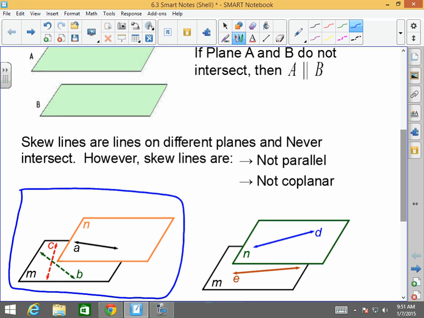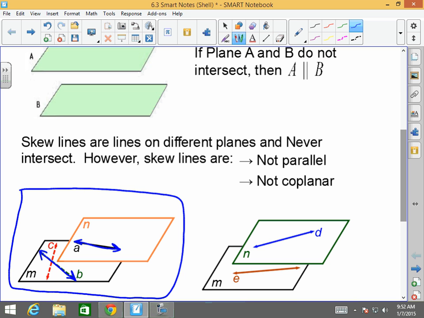So just because line A and line B do not intersect, since they are skew, that means they are on different planes. That means they are not parallel. These two lines are not parallel. Okay?